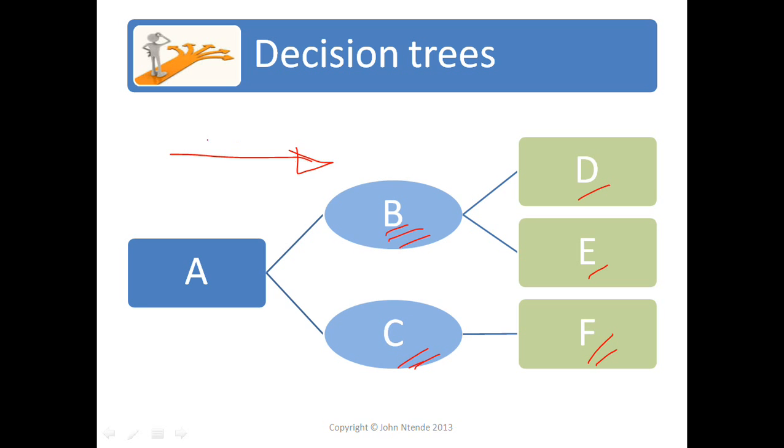As I told you, you draw the decision tree from left to right, but the evaluation is done from right to left. Of course, we shall look at a more detailed example on how to draw decision trees and how to evaluate, but the basic concept is you choose the project or the branch with the highest expected value, as we've already seen.